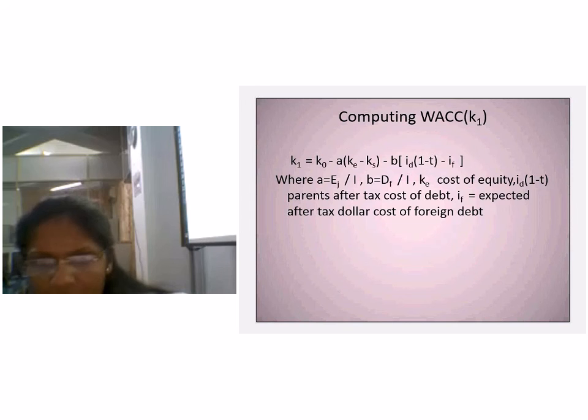B is DF divided by I, that is debt capital of the foreign subsidiary divided by total investment. K is the cost of equity, 1 minus T, parent's after tax cost of debt. IF, expected after tax dollar cost of foreign debt.